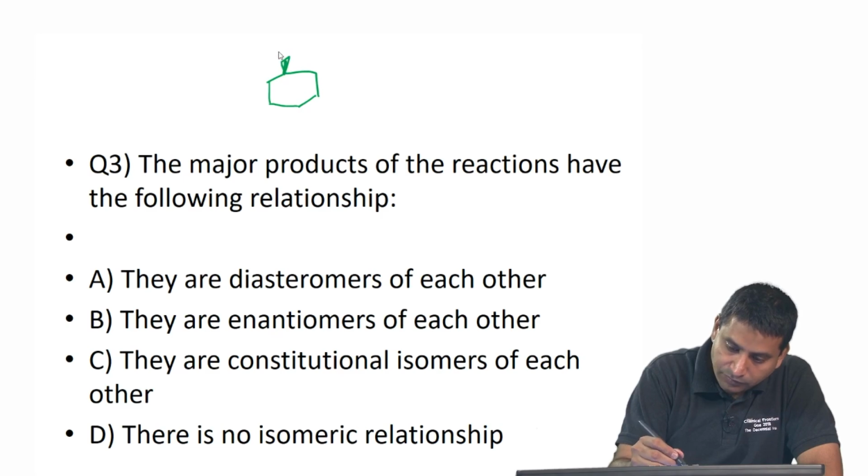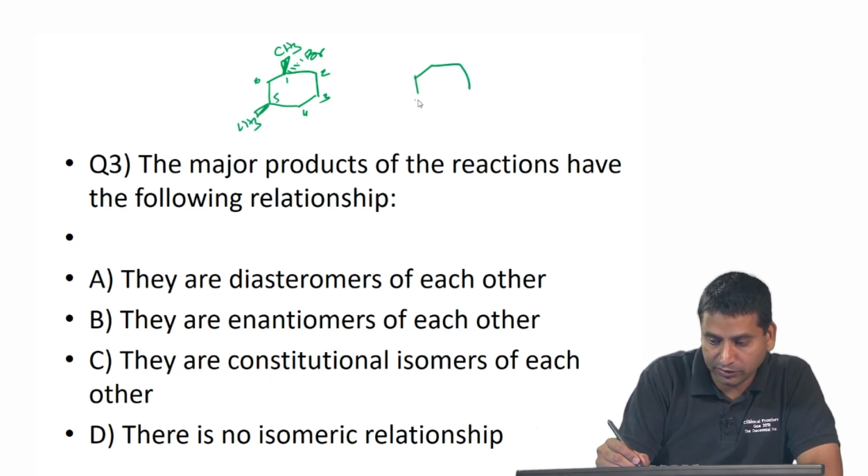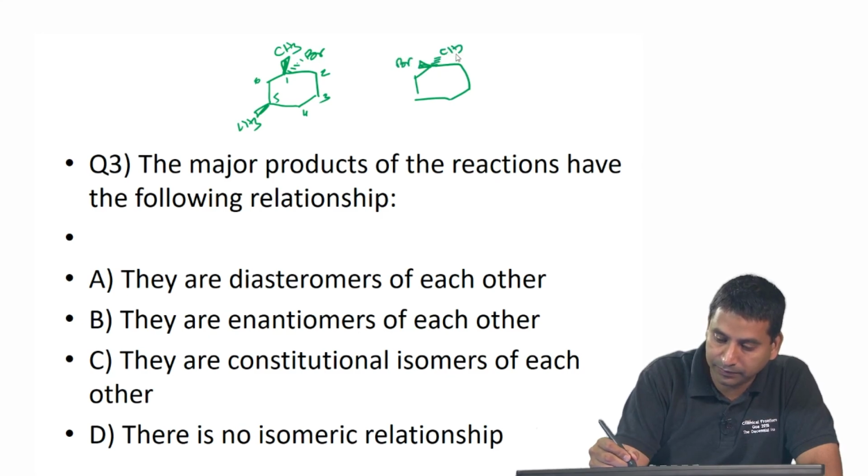So, as we looked at, the CH3 is over here and the Br is here. If I keep the numbering the same, so the CH3 is here, right, and now the other product is where Br attacks from the top face, 1, 2, 3, 4, 5 and 6.